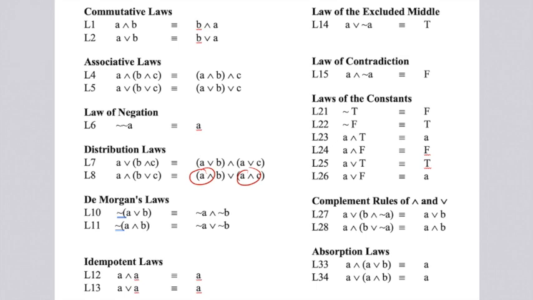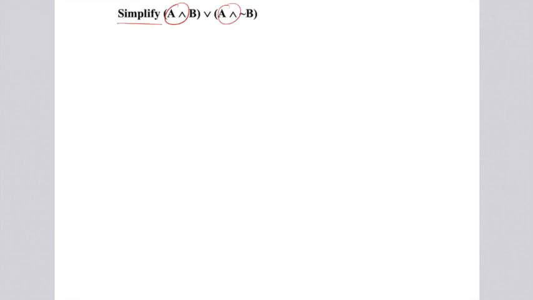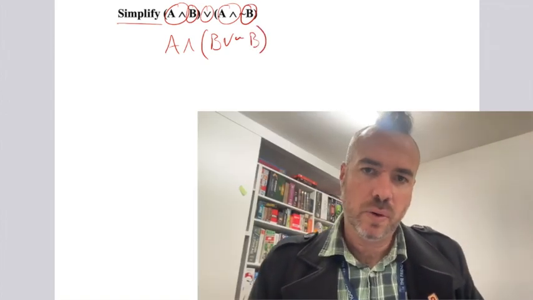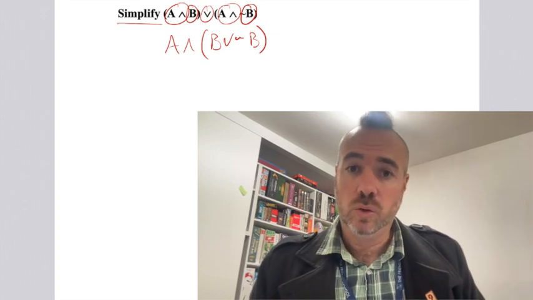So here, this logic law tells me that I can pull the A and out of the brackets, and what I have left are those two. So here, I am now going to pull the A out of the brackets. That leaves me with what was left in there, a B, or what was left there, not B. Now, it's really important when we're doing this skill that we state what law we've used.